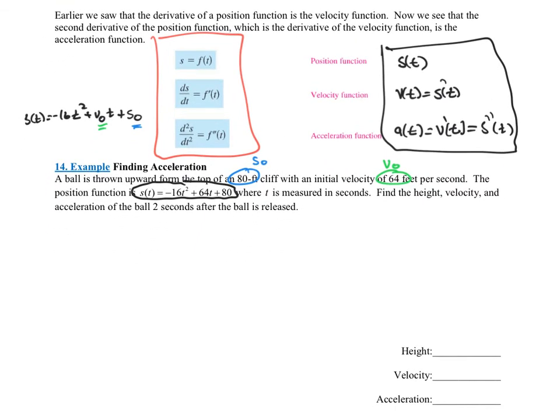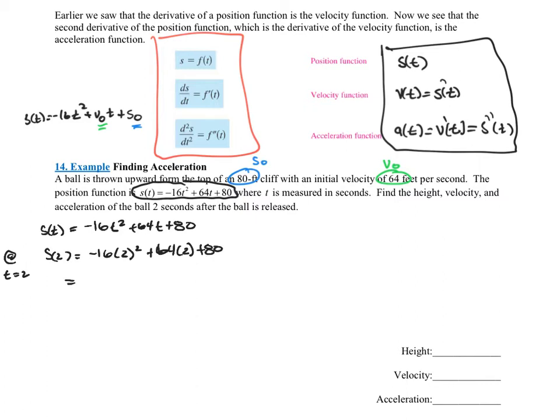So let's look at these individually. Let's start off with finding the height of the ball after 2 seconds. So take the position function, which is negative 16t squared plus 64t plus 80. And all we want to do is look at it at t equals 2. So s of 2 would be negative 16 times 2 squared plus 64 times 2 plus 80.